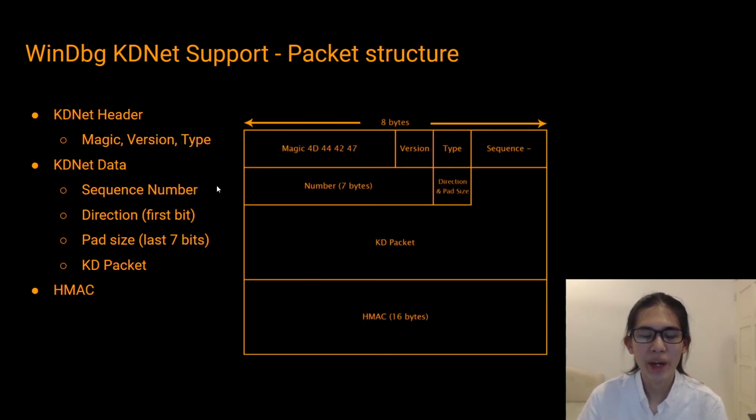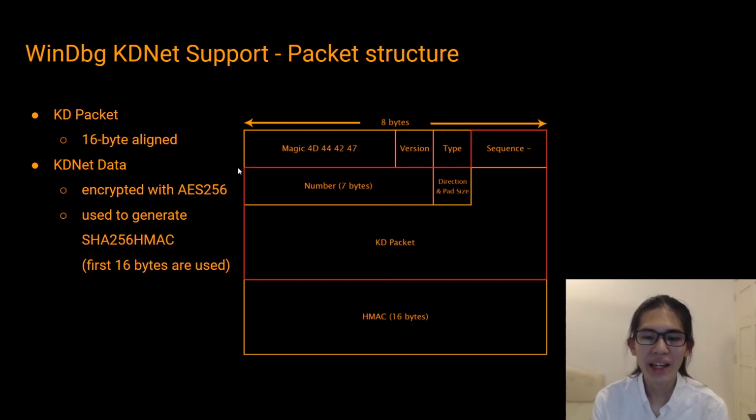Here is the KDNet packet structure. It consists of three parts: the header, data, and HMAC. The type in the header determines if it is a control or data packet. A KDNet control packet is used to establish the connection and set up encryption keys. The KDNet data consists of sequence number, direction, padding size, and the KD packet.